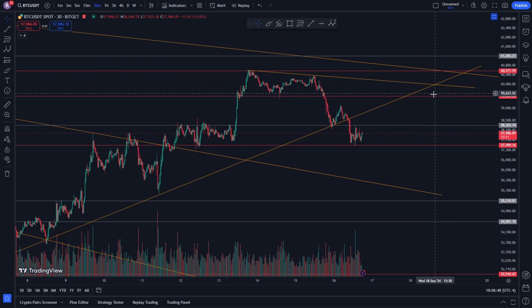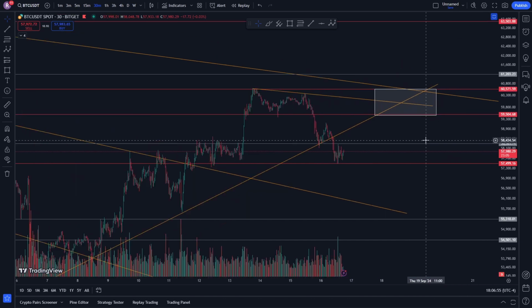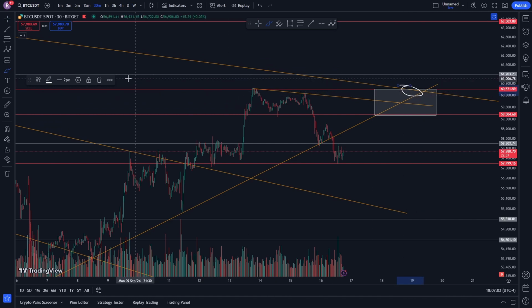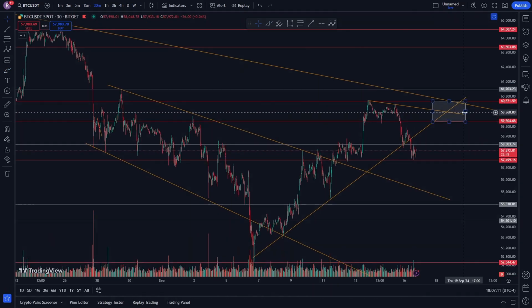This zone right here is where I would be looking for a short, because any one of these points would be a great point to open a short. If you're using higher leverage, I would probably look more towards 60.5, but if you're at lower leverage, when it starts hitting 60k, I would start looking for position openings.